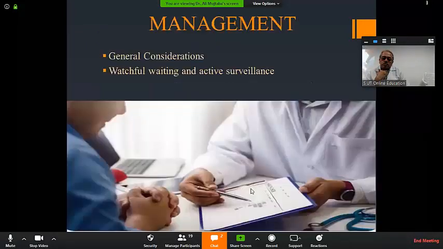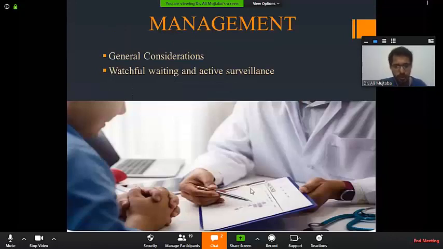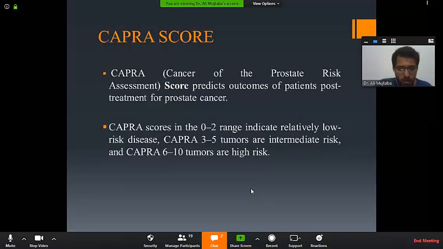The score reads the outcome of the patient after treatment of prostate cancer. A score from 0 to 2 indicates relatively low difficulties, a score from 3 to 5 indicates intermediate difficulties, and a score from 6 to 10 indicates high difficulties.